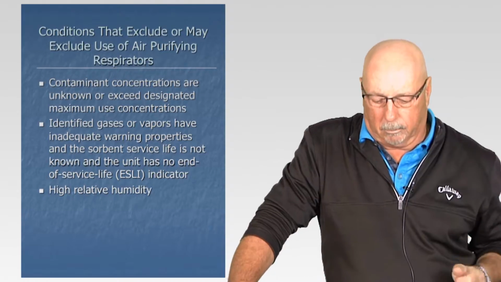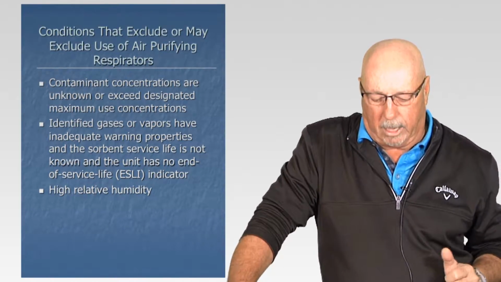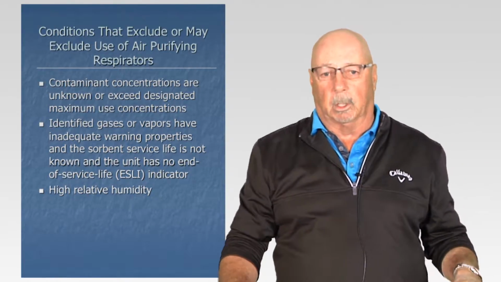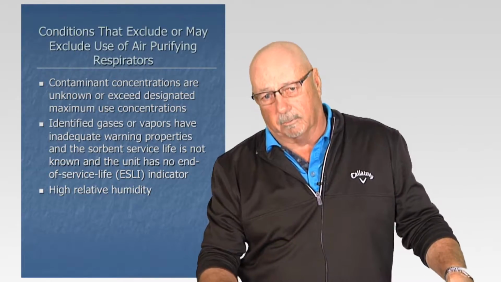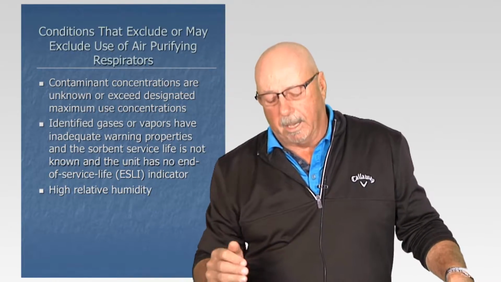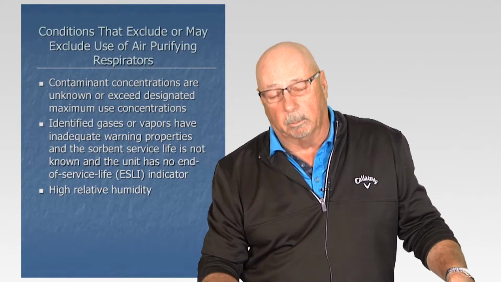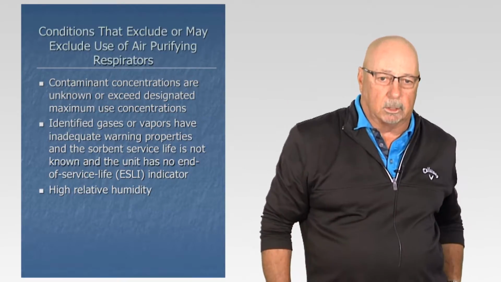That indicator would warn you that it's time to change out your cartridges because you could be overexposed. But essentially, if a cartridge doesn't have an end of service life indicator on it, and the chemicals that you're protecting yourself against don't have good warning properties, then you cannot use air purifying respirators for the protection.